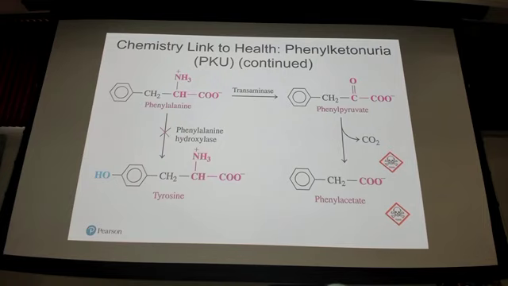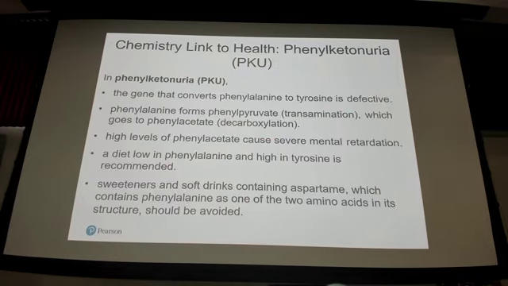That's defective. So phenylalanine will undergo a transamination reaction, which we've talked about in this lecture, to produce 2 byproducts that are toxic to the brain. They're acidic: phenylpyruvate and phenylacetate. Those are toxic to the central nervous system and can cause mental retardation.